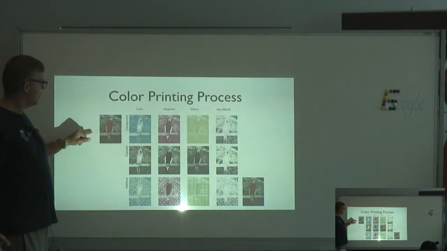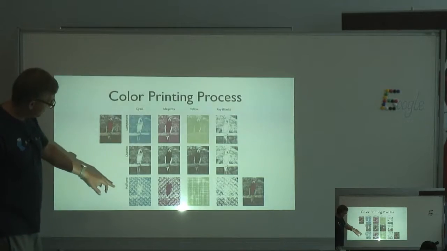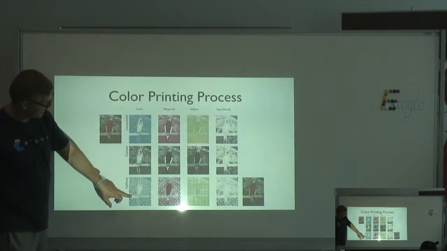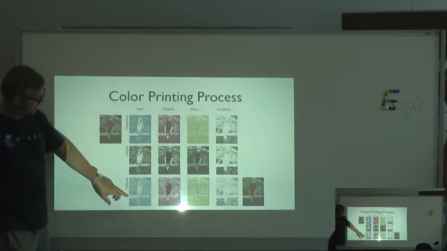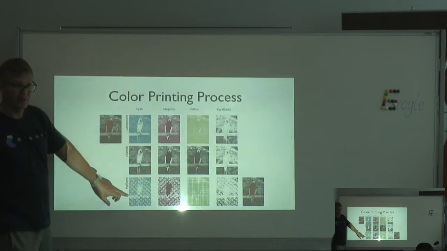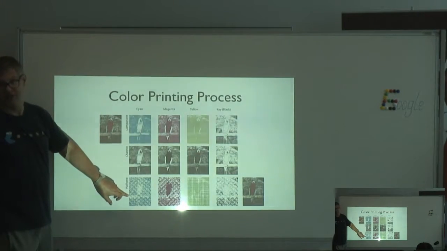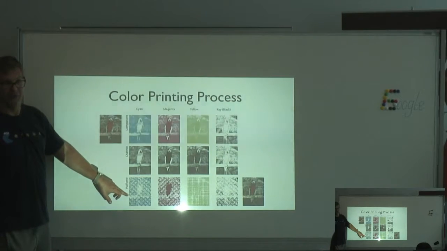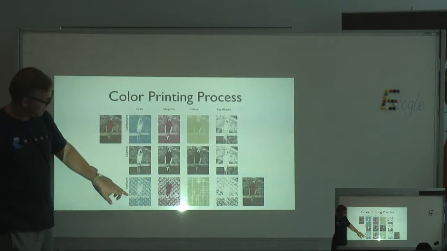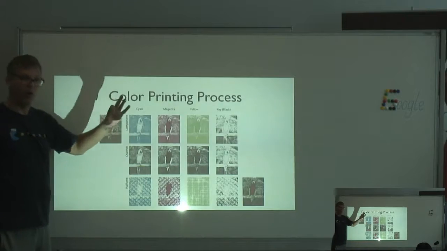And this is how printing works. This gets interesting. When you start printing it, you see this. You no longer have pixels. You actually have dots, and the dots vary in size. That's what makes a certain value more or less magenta.